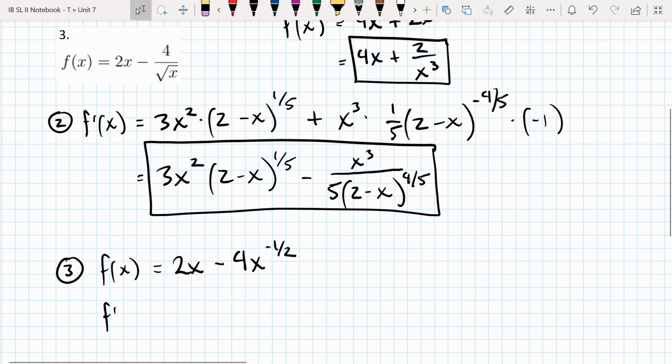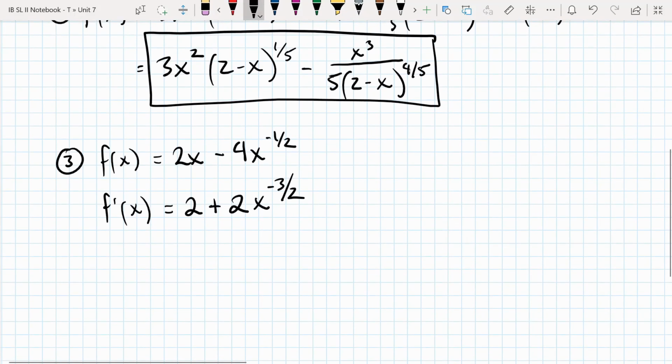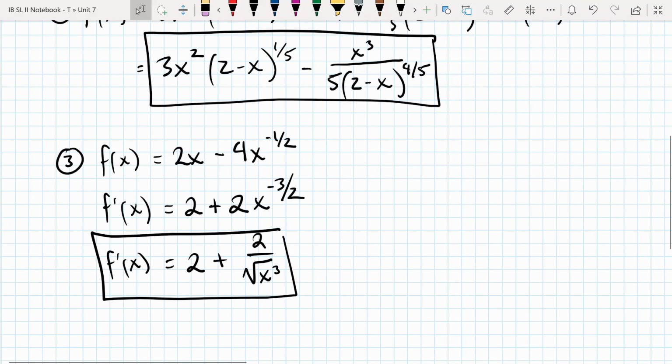And so the derivative is 2, and the negative 1/2 will come down, and we get plus 2x to the negative 3 over 2. Okay, and if we want to write this as a radical, the derivative becomes 2 plus 2 over the square root of x cubed. Okay, and that's the answer for problem set 1, number 3.